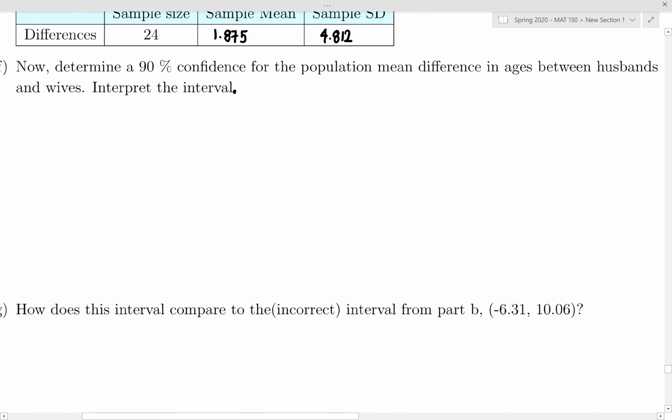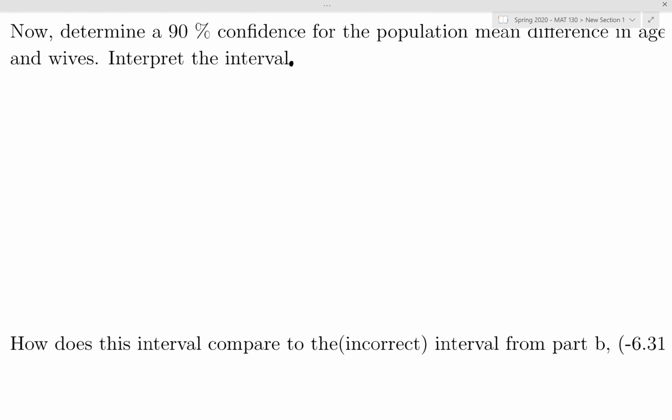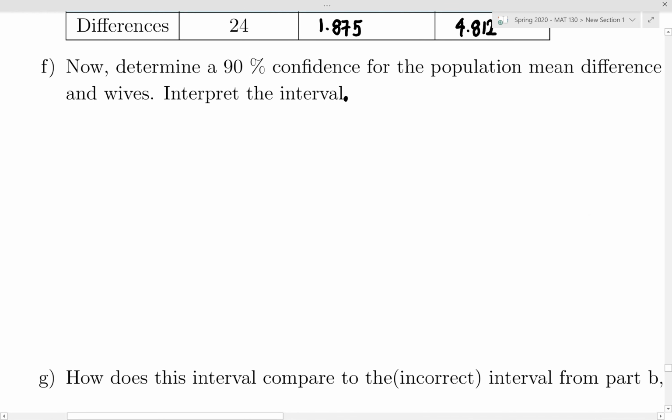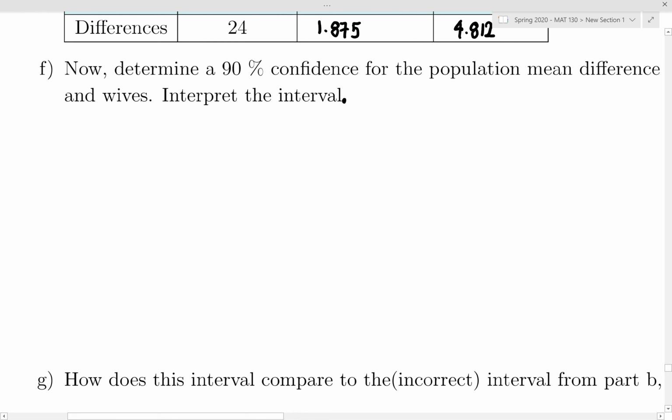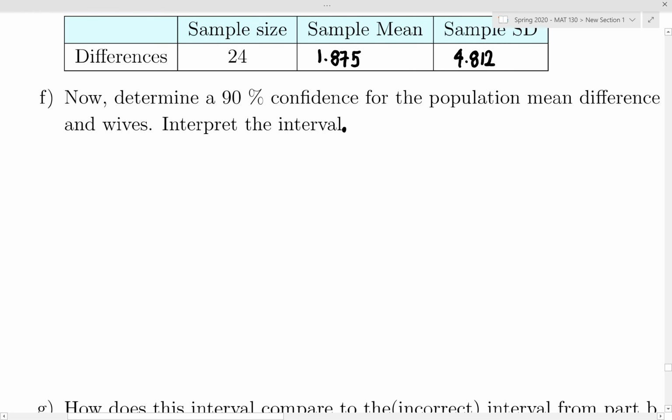Remember, when we have matched samples, we look at the difference, and now we're going to do a one mean t-test on the difference, right? So that's significantly easier compared to the non-pooled t-test.